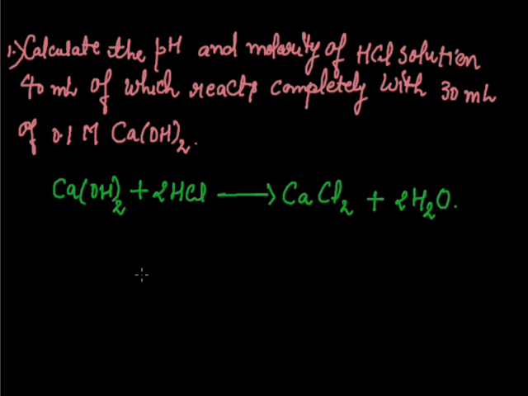Firstly we have to balance the equation if it is not balanced. If it is balanced, then it is fine. From the equation, it is clear that 1 mole of Ca(OH)2 reacts with 2 moles of HCl.